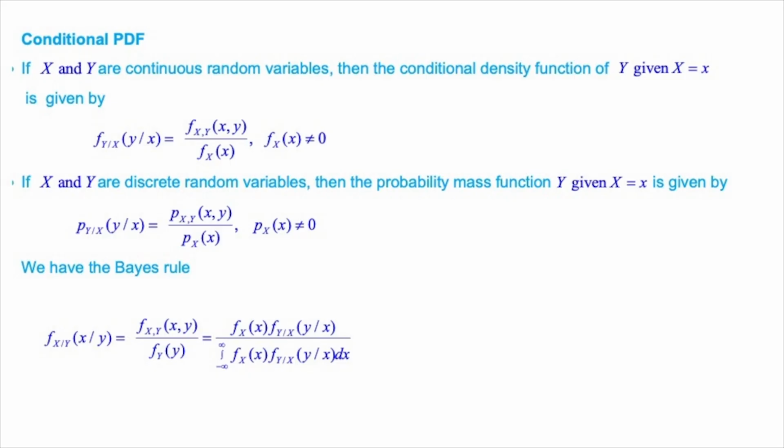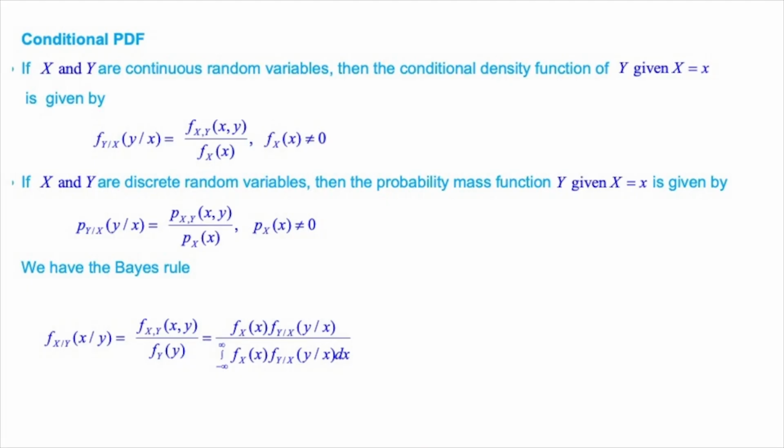This is the conditional PDF of Y given X, and this is the joint PDF divided by the marginal PDF at point x. Of course, we need the condition that fX of x is not equal to 0.